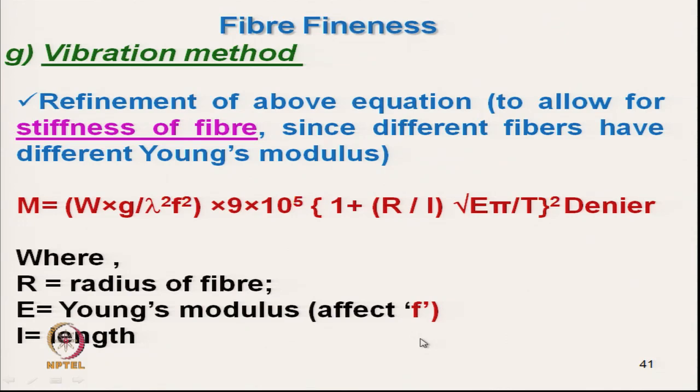So, keeping all other parameters constant, even for the same diameter and same mass per unit length, if the Young's modulus of two fibers is different, that will affect the fundamental natural frequency value. So, how to correct this?